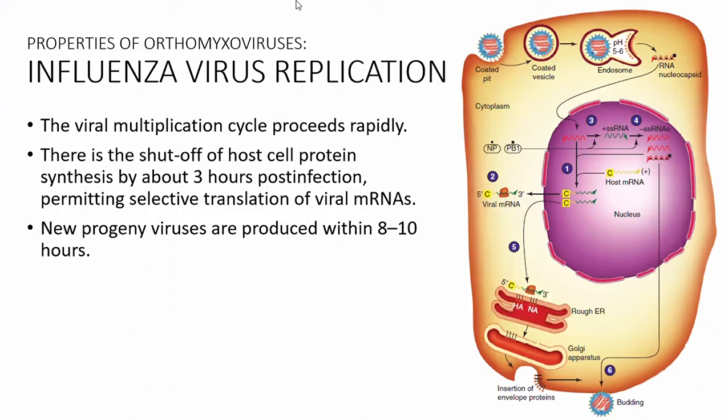Then the early viral proteins required for replication and transcription, which include the nucleoprotein and the polymerase proteins, are transported back to the nucleus. The templates, the single-stranded RNA, are copied by the RNA polymerase activity of the PB1 protein, and then some of these new genome segments will serve as templates for the synthesis of more viral mRNA.